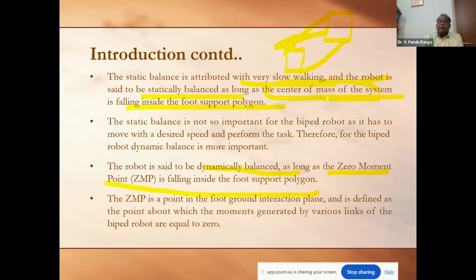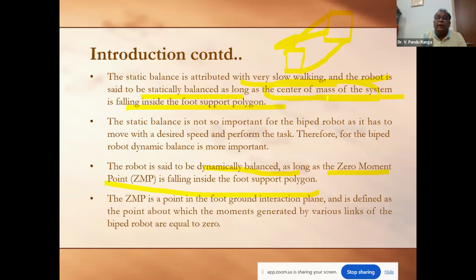The center of mass of the entire system should fall either in the single foot support polygon or in the double support phase foot support polygon. Then we can call that the robot is statically balanced, meaning the work is attributed by very slow walking.